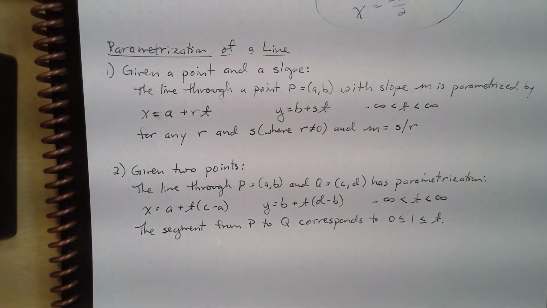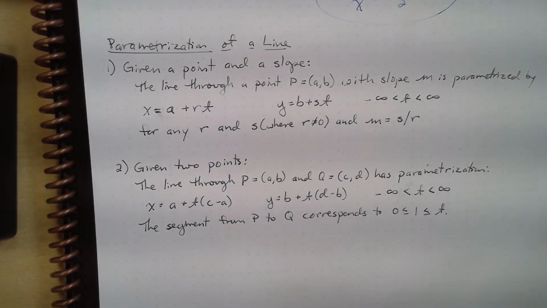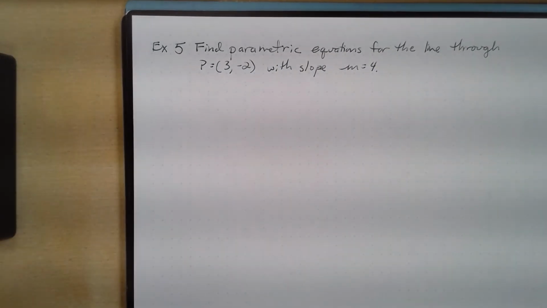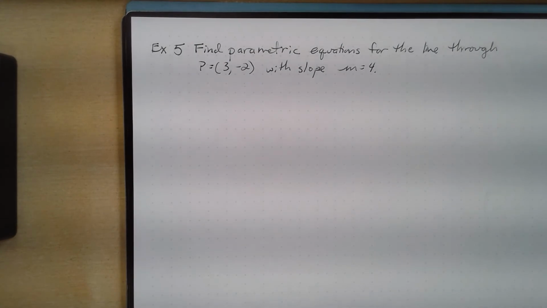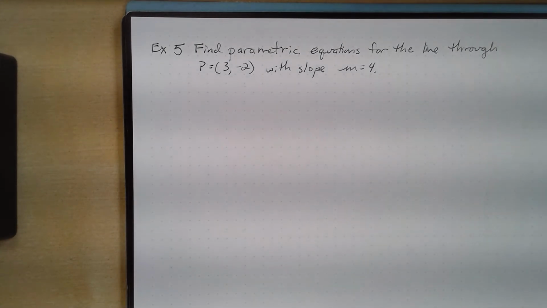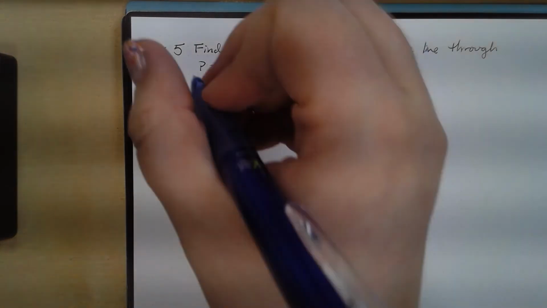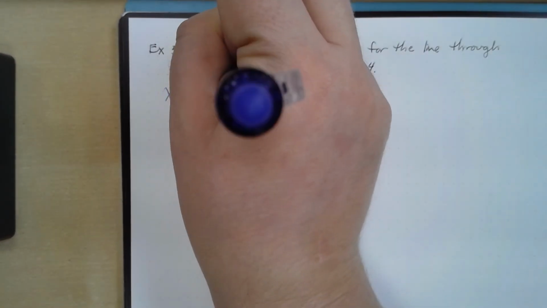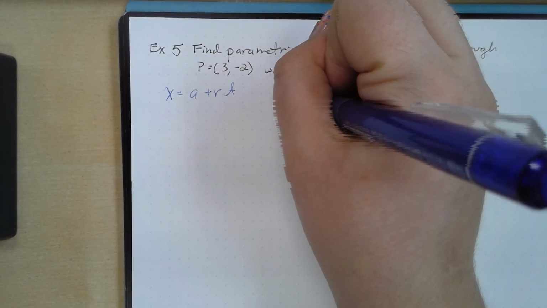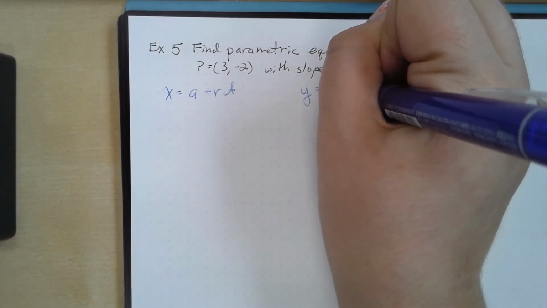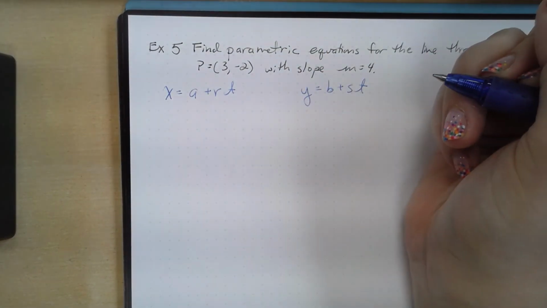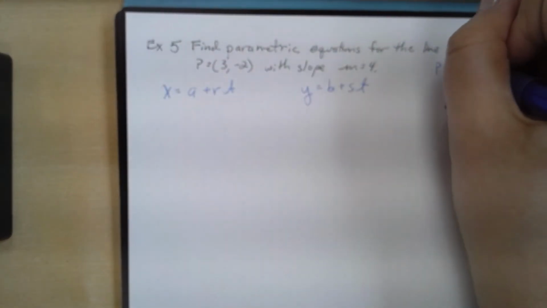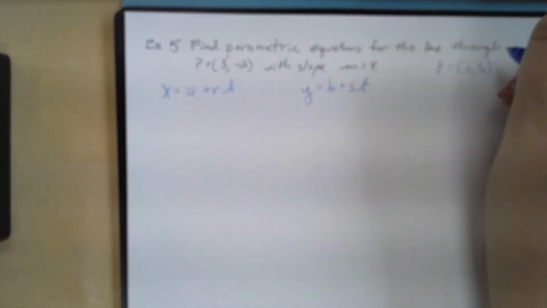All right, let's actually do an example here because I think that will make a lot more sense. So we're asked to find parametric equations for the line through P equals (3, negative 2) with a slope of 4. Okay, so you might remember from the previous page that x is going to be equal to a plus rt, and y is going to be equal to b plus st. So P is equal to (a, b), right?